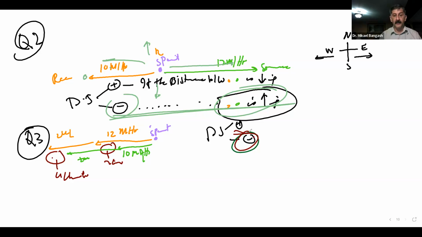Although they are traveling in the same direction, let's put it this way: they start at the same point. The receiver travels west at 12 miles per hour, and the source also travels at a speed of 12 miles per hour in the same direction. What is the Doppler shift now?